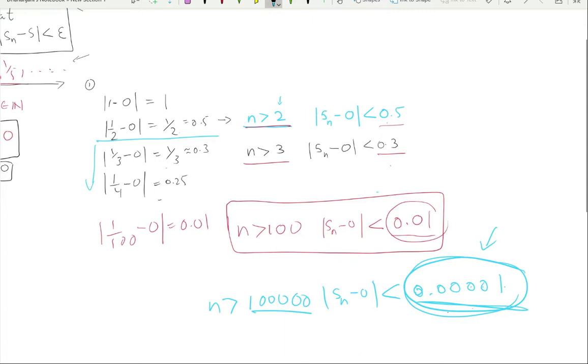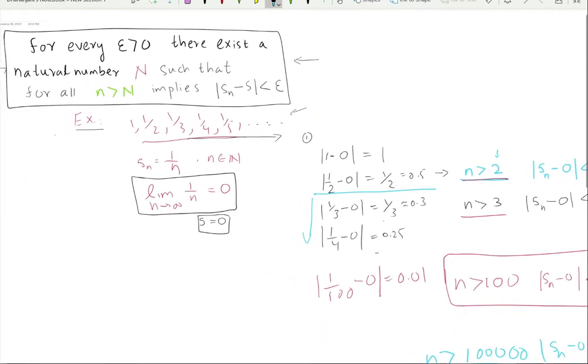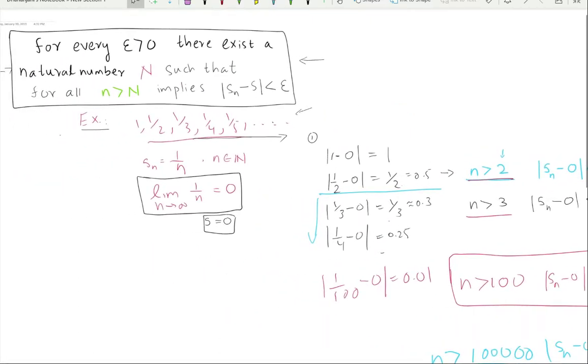That's the characteristic that a convergent sequence has. It's getting closer and closer, the idea of approaching a real number.